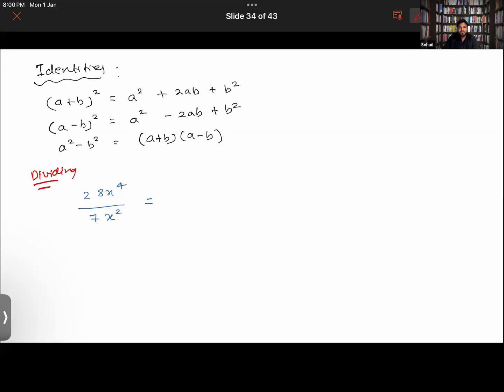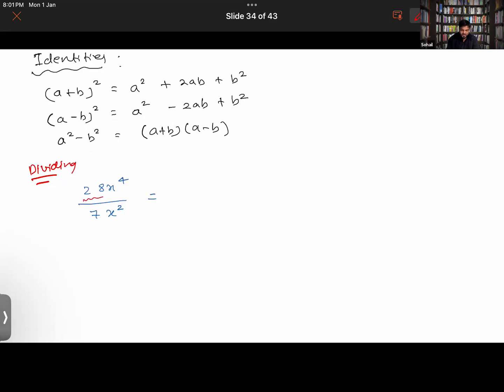First we will cancel the coefficients, right? So what are the coefficients here, Ahmed? 28 and 7, very good. Moaz, we will cancel them now. 28 divided by 7 is 4 upon 1. So it is 4x raised to the exponent 4 upon x square. Now what should we do?